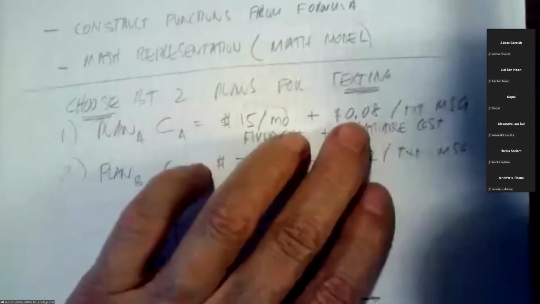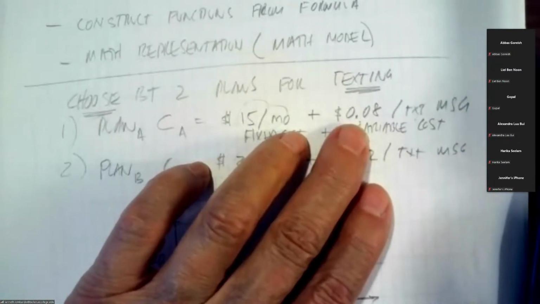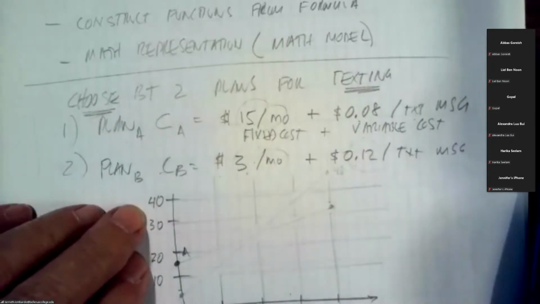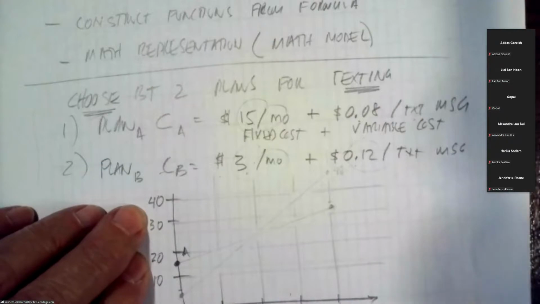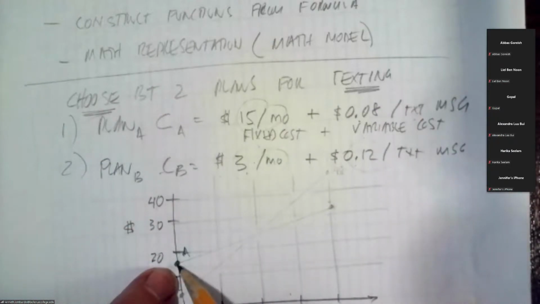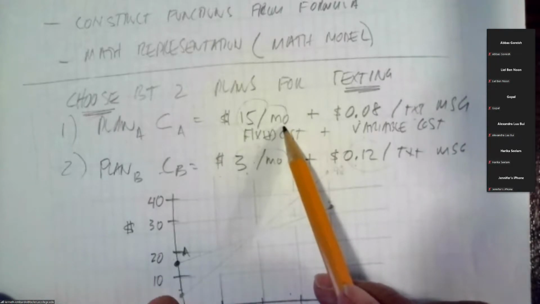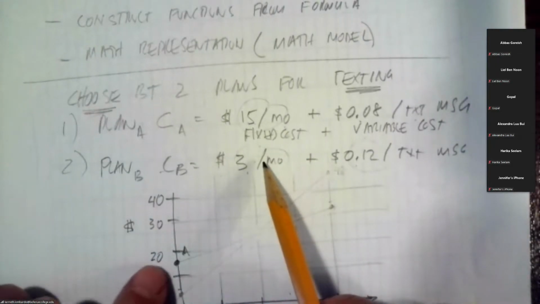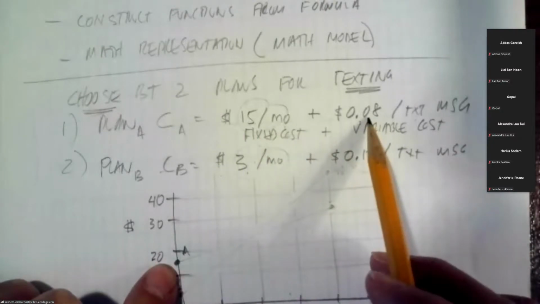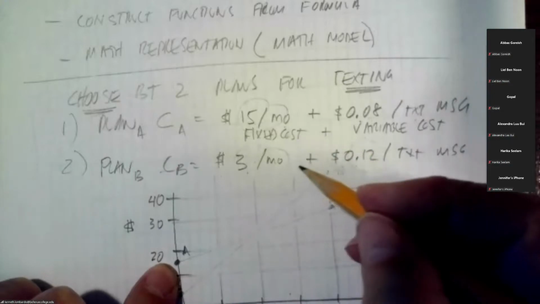So 0.08 was 32 plus 15, 47. So let's say 15 is here, plus 32 is 47.